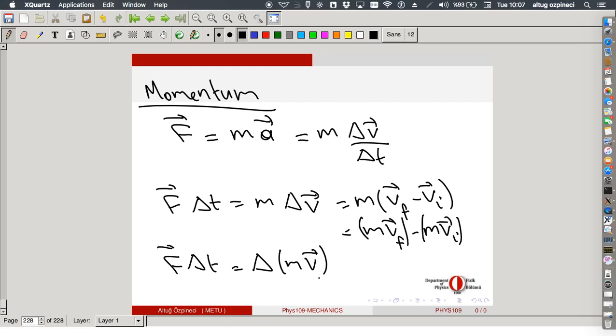And this quantity is what we define as the momentum. This is the definition that we use. This definition is independent of the acceleration, independent of the position, independent of anything else. It only depends on the velocity of an object. If the velocity is changing, the momentum is also changing. Any questions on this one?